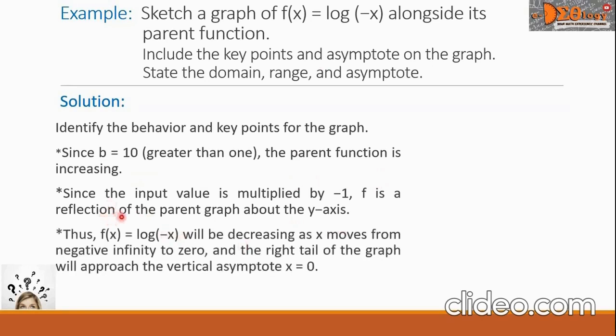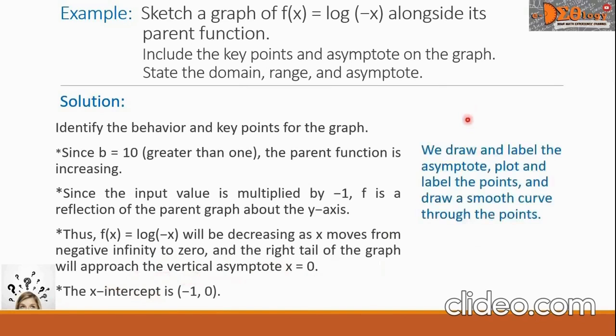Thus, f of x equals log of negative x will be decreasing as x moves from negative infinity to 0, and the right tail of the graph will approach the vertical asymptote x equals 0. The x-intercept is the point negative 1, 0. Let us now draw and label the asymptote, plot and label the points, and draw a smooth curve through the points.